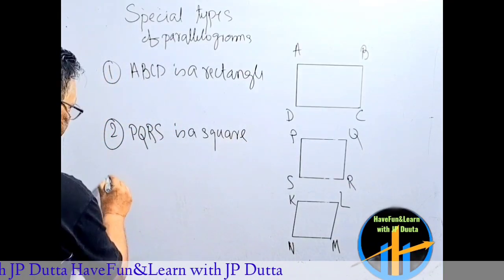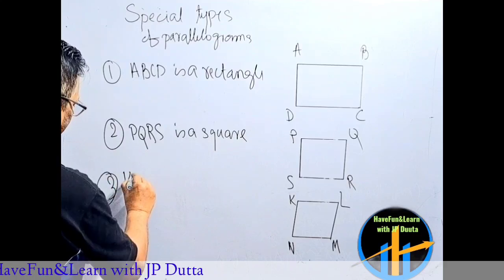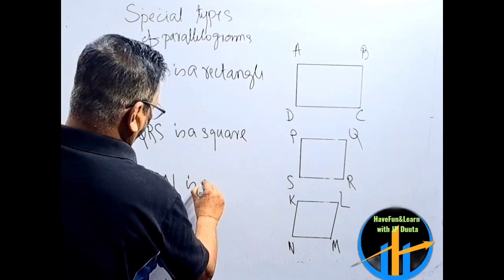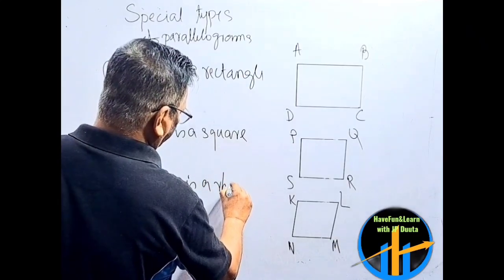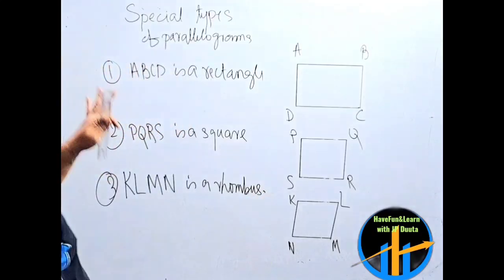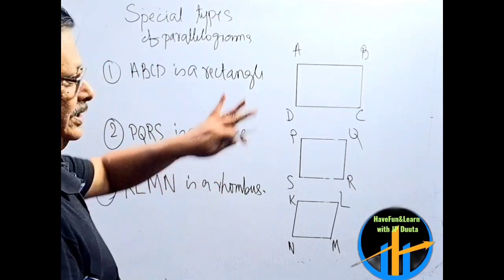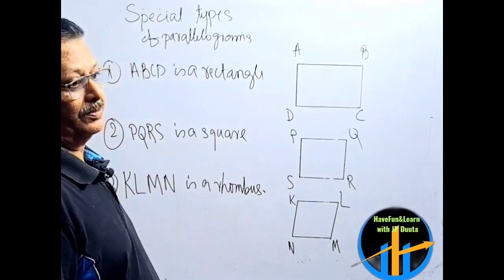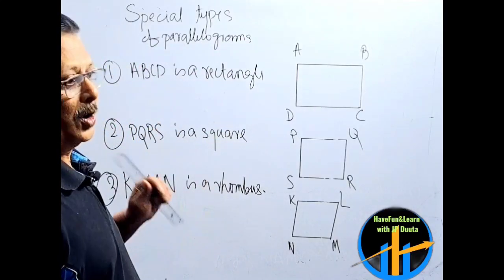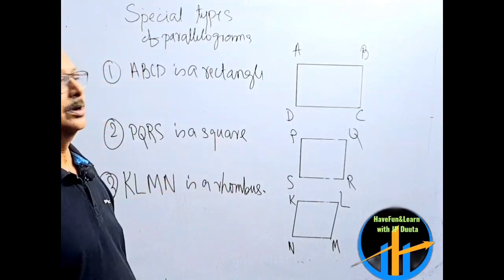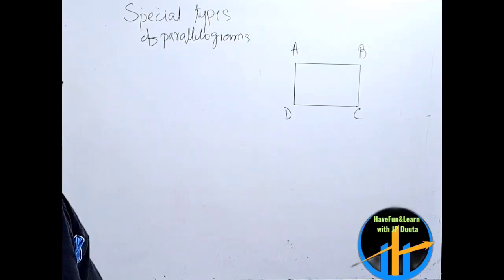And number 3, KLMN is a rhombus. So these are 3 special types of parallelogram, and we'll discuss which properties of parallelogram do not apply to these shapes, although they are parallelograms.